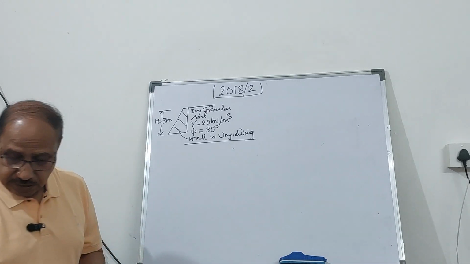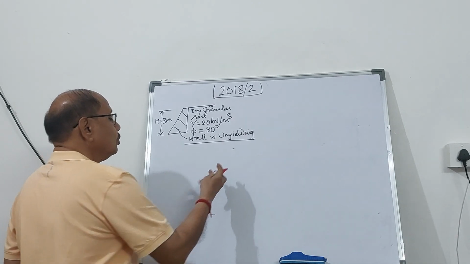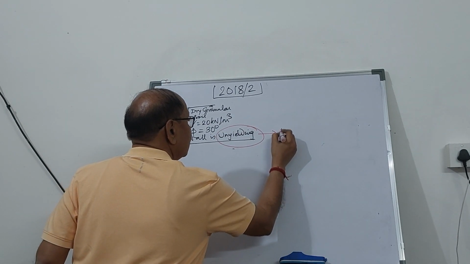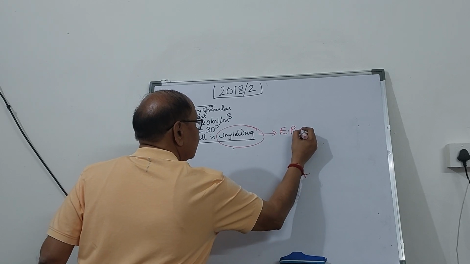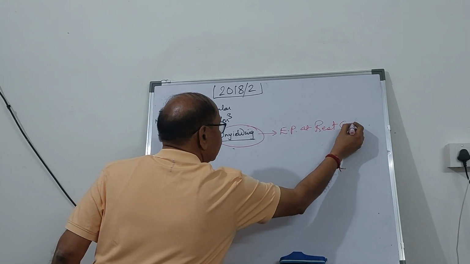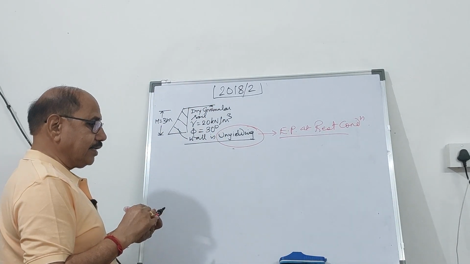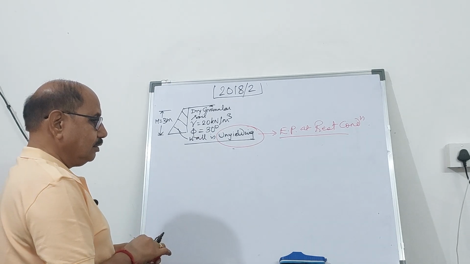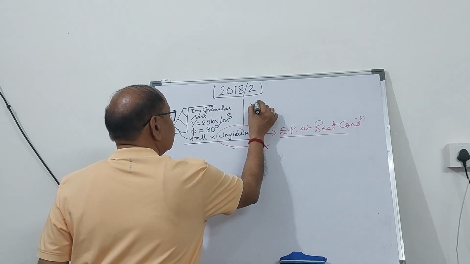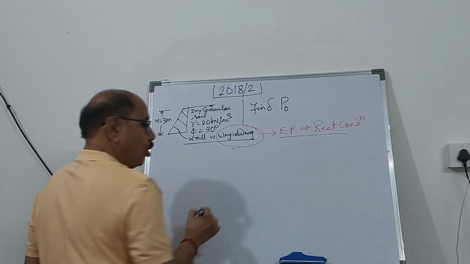Please keep it in mind that if the wall is unyielding, it will give you earth pressure at rest condition. So if it is earth pressure at rest condition, then you need to find out in this question P naught.